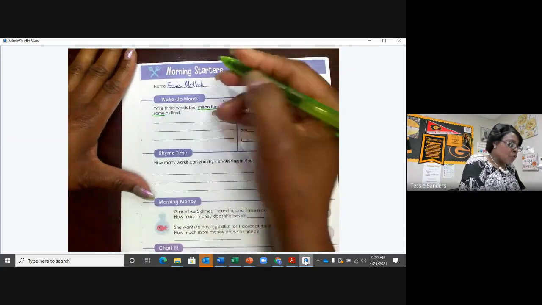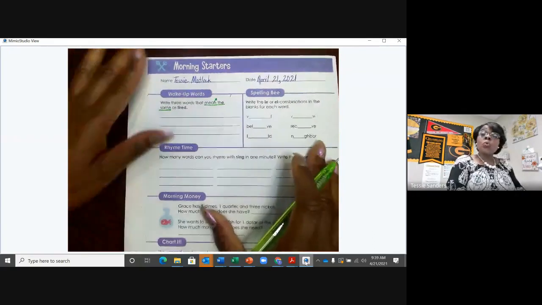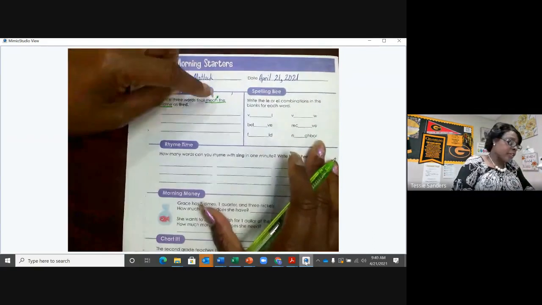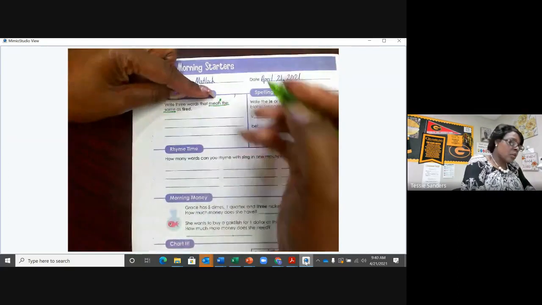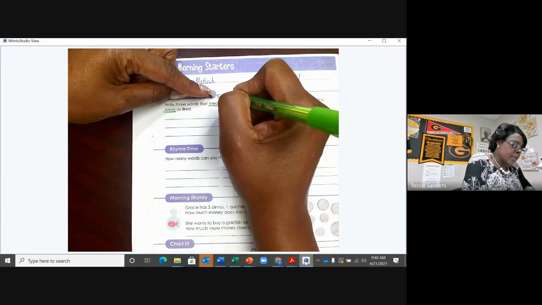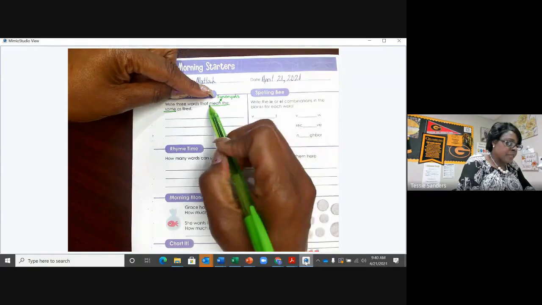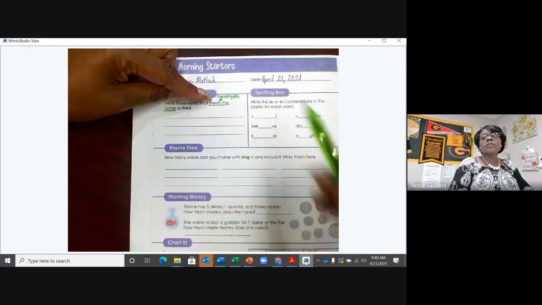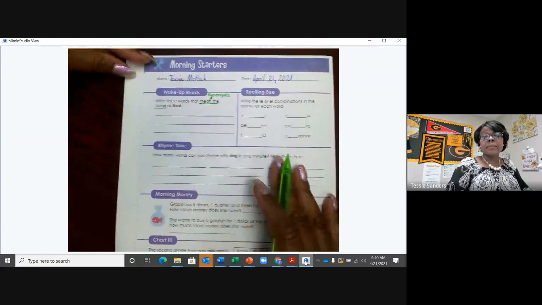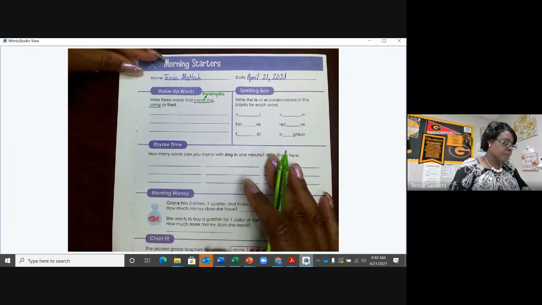We are looking for, make a note for my older learners that are able to make a note, we are looking for synonyms. Synonyms are words that mean the same or almost the same thing.